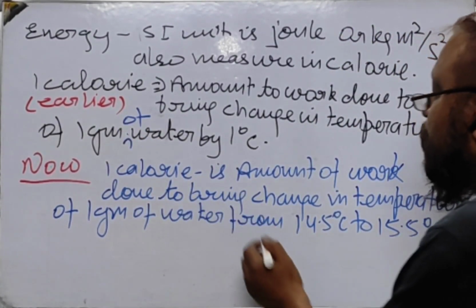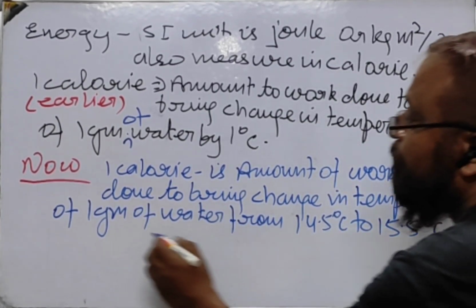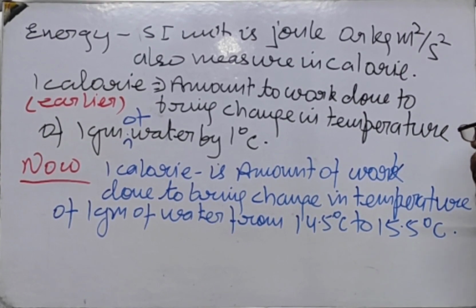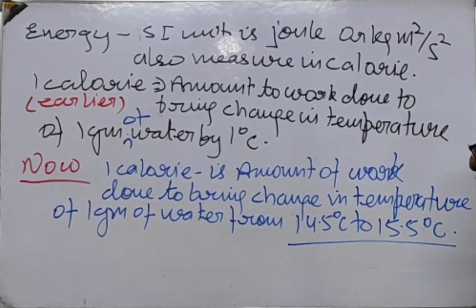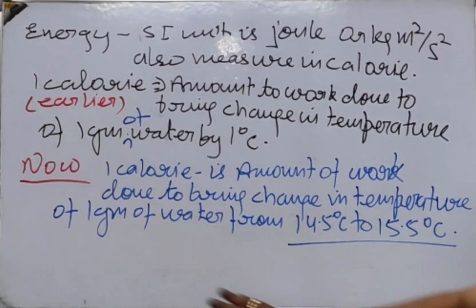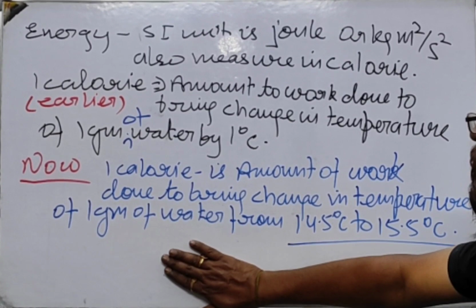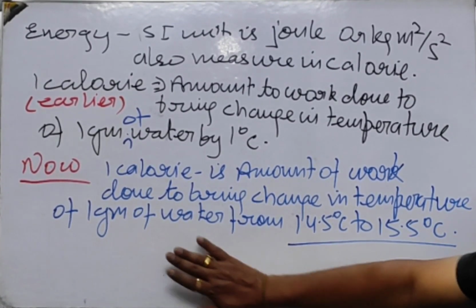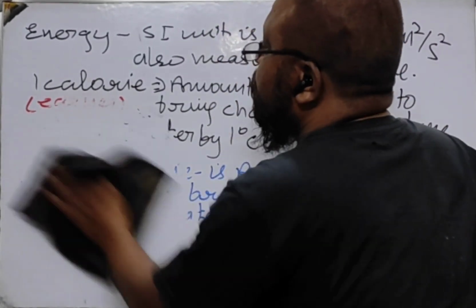And now 1 calorie is the amount of work done to bring change in temperature of 1 gram of water from 14.5 degrees Celsius to 15.5 degrees Celsius. So here temperature is specified. Here it is not specified. This is the difference, right? You can write, now this is more appropriate. One more thing is there.